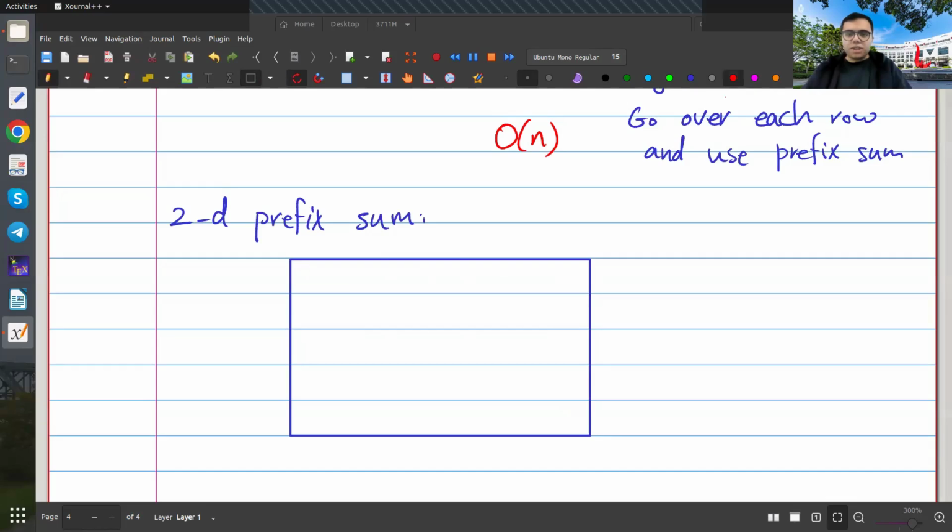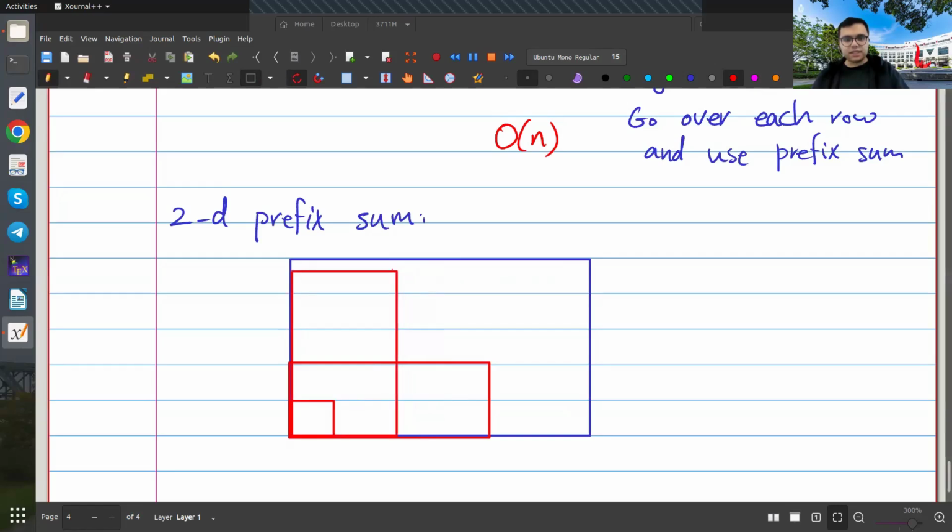And I'm going to look at matrices that start at the bottom left. So I'm going to look at, for example, this matrix. I'm going to look at this matrix. They don't have to be square matrices. They can be of any size. I'm going to look at any matrix that starts at the bottom left. And I'm going to calculate the answer for these matrices. So I'm going to have a dp variable.